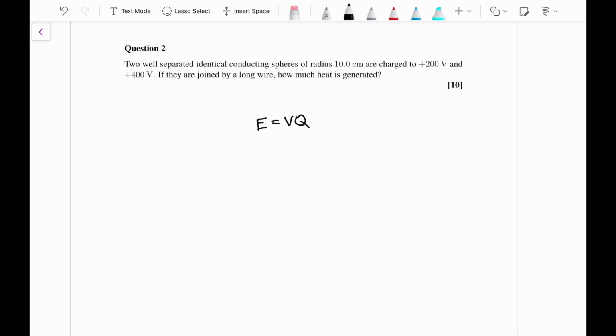I don't think we can actually calculate Q. So let's change to another idea.